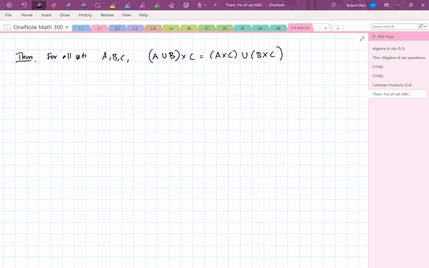So a good technique here would be to prove both inclusions by element chasing twice. And as we do the element chases, I'll show you sort of how to work with Cartesian products. Okay. So proof, we will prove both inclusions by element chasing.